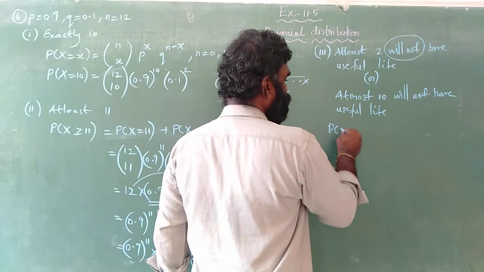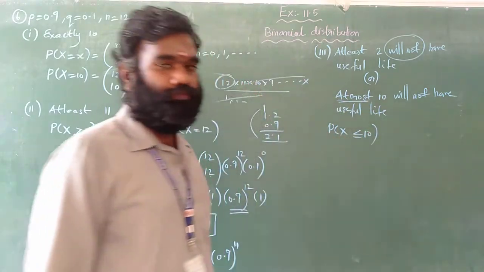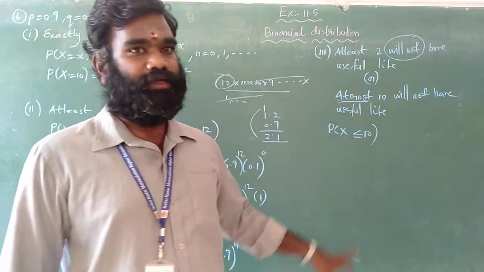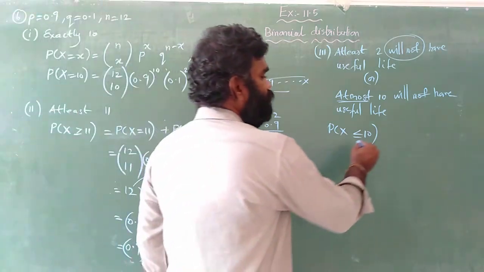So P of x is less than or equal to 10, because what is given here is at most 10. How can we write it?